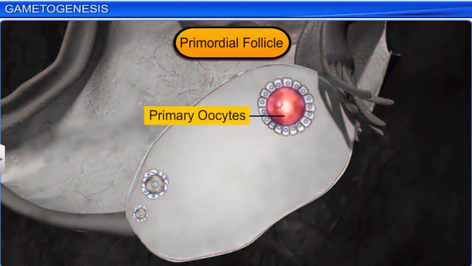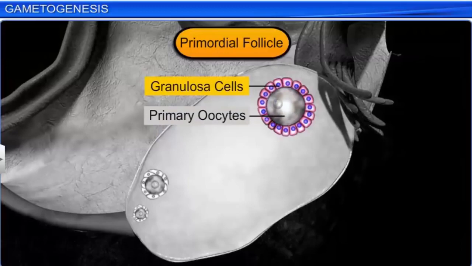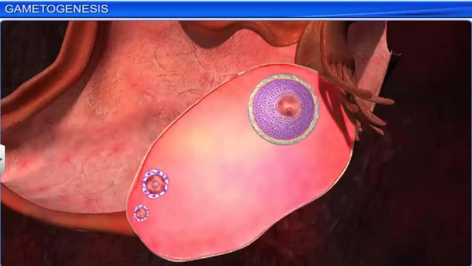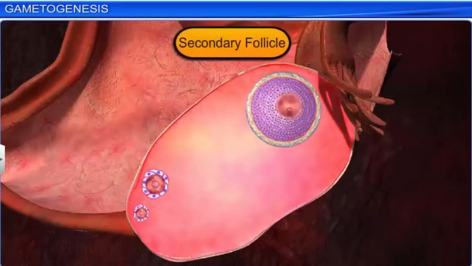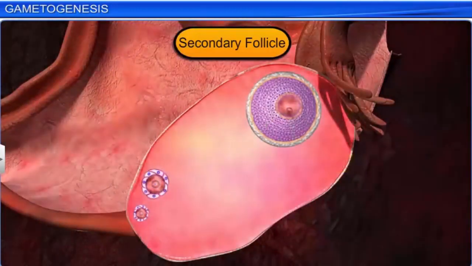The dividing primary oocyte and the cuboidal granulosa cells now make up the primary follicle. The primary follicle is transformed into a secondary follicle when it enlarges and is surrounded by several layers of granulosa cells, which in turn are enveloped by a developing theca or capsule.